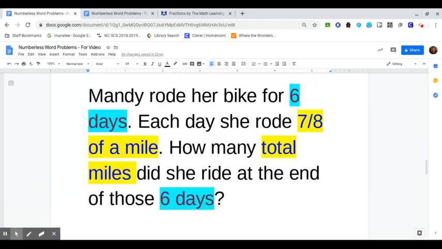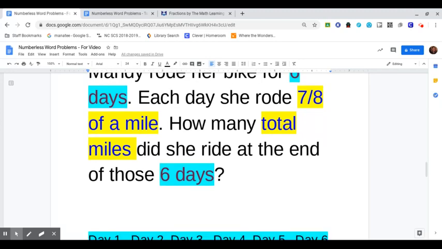Now we're going to look at this problem. Same scenario, just change the numbers, okay? So this one says, Mandy rode her bike for 6 days. Each day she rode 7/8 of a mile. How many total miles did she ride at the end of those 6 days? Same setup here, just different numbers.